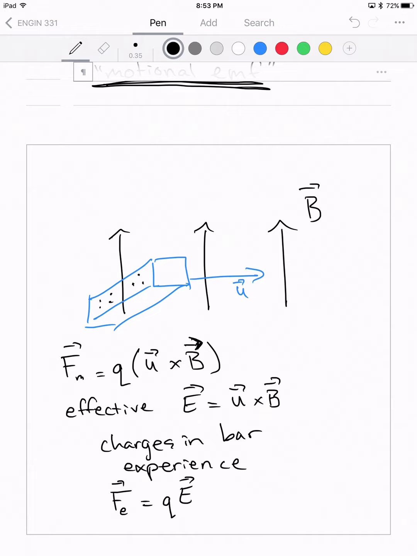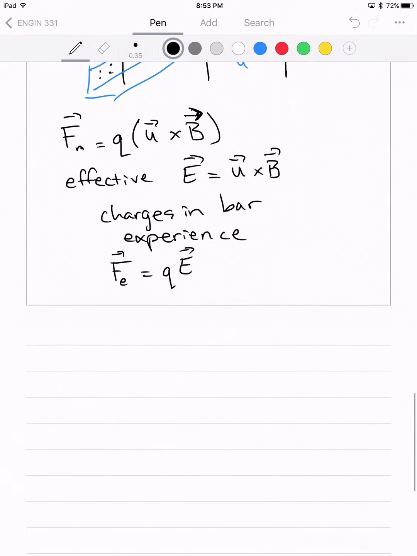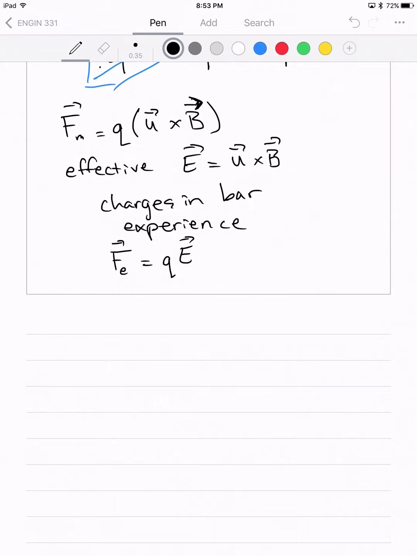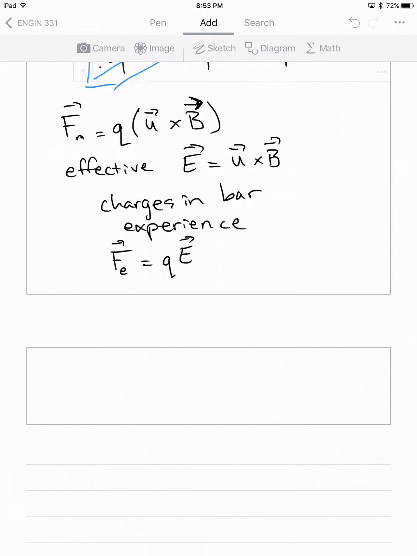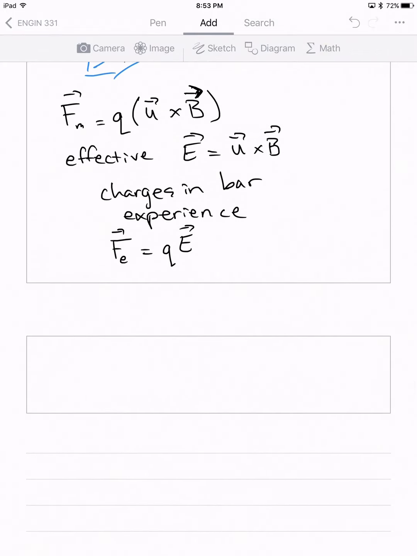It's just that that electric field is given by U cross B. So that means that there is going to be a voltage, and if you pick 2 points on that bar, 2 and 1, the voltage between those 2 points, in fact, the induced EMF between those 2 points, is equal to the integral from 1 to 2 of U cross B dot dl.